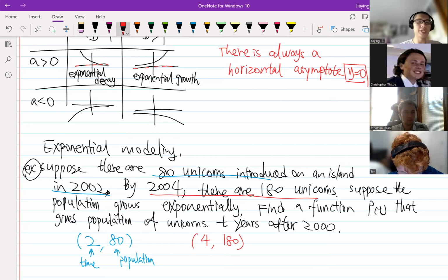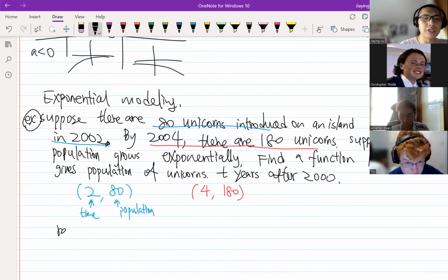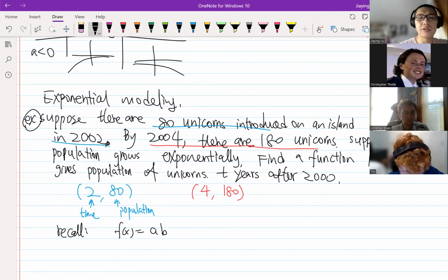So what we're going to do is use the general formula. Recall the general formula is f of x equals a b to the x. But if we translate into this problem using correct notation, that will be population in terms of time.